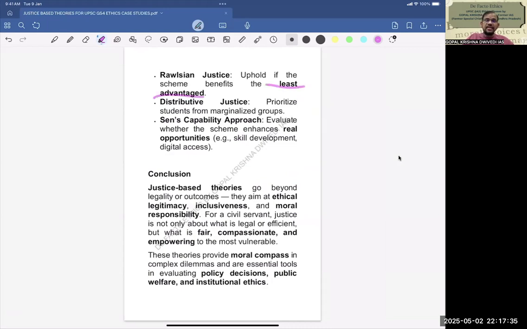Distributive justice says, prioritize students from marginalized groups. Sen's capability approach says, evaluate whether the scheme enhances real opportunities, for example, skill development, digital access, etc., of the individuals or the society.